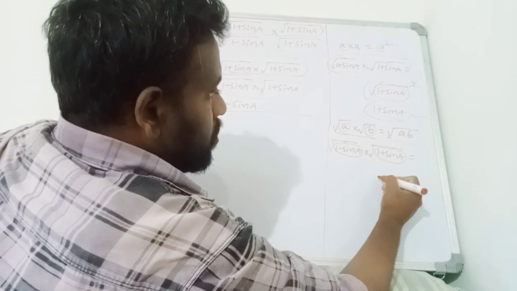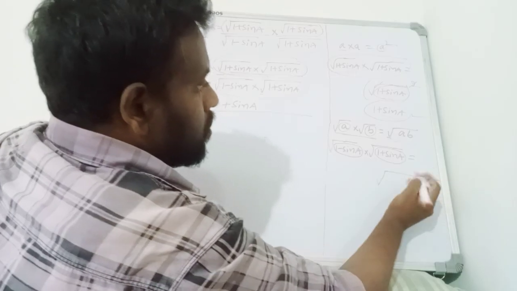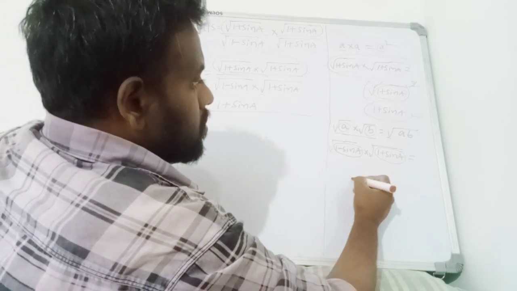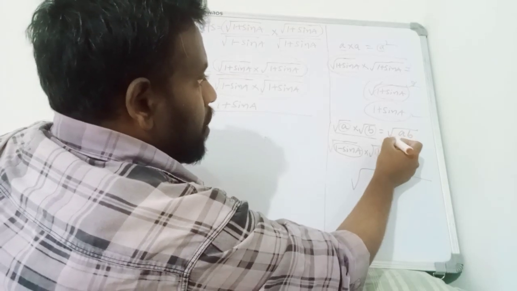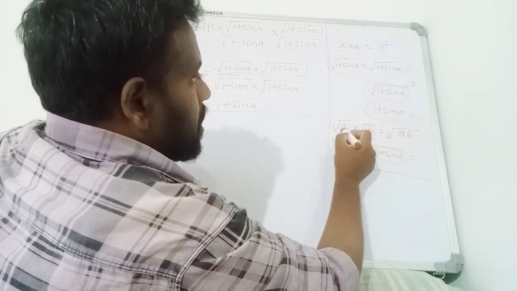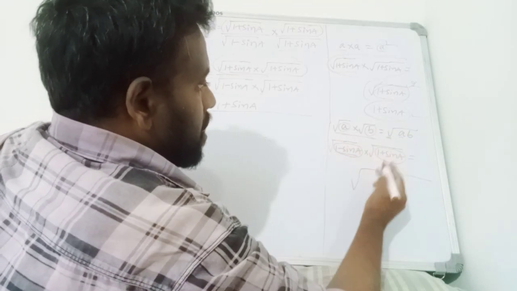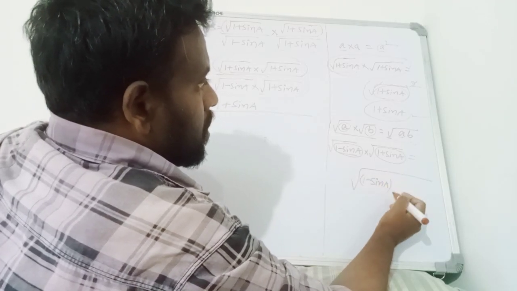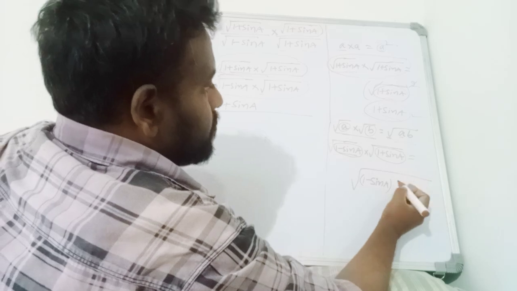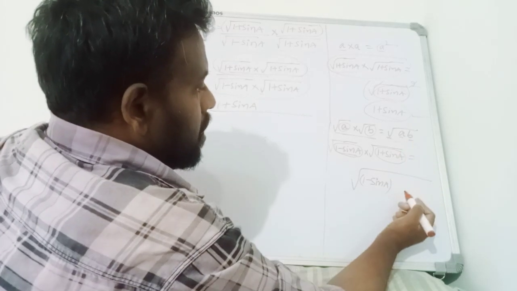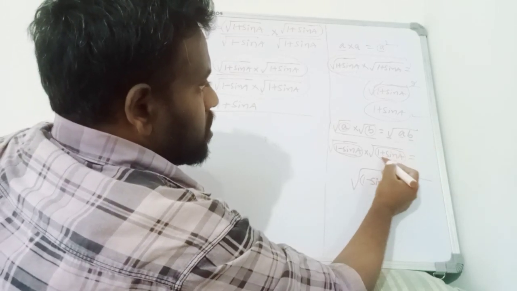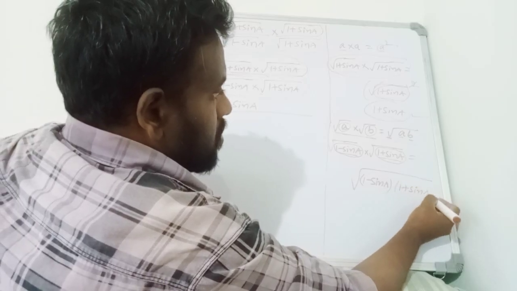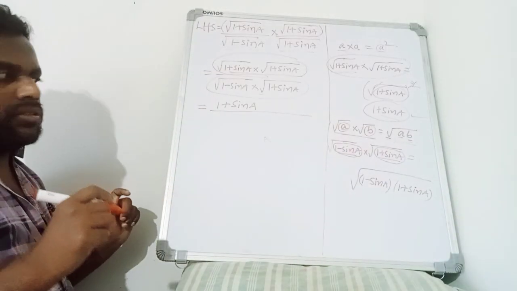So square root, I will write it here. This square root A. In place of A, what we have? 1 minus sin A. I will write it here. Next B. In place of B, what I have? This one, 1 plus sin A. So bracket 1 plus sin A. Okay.